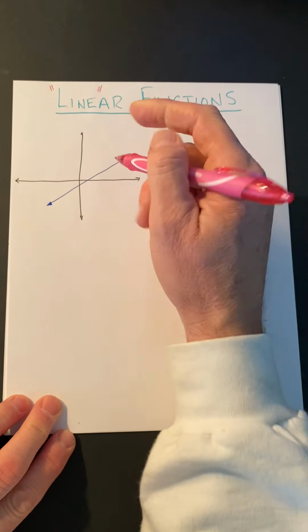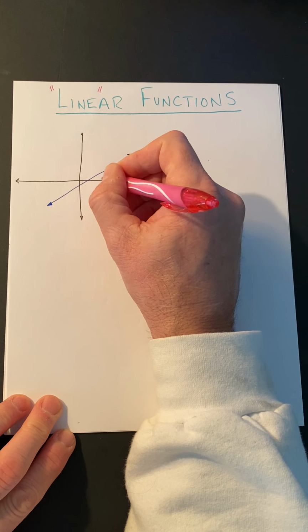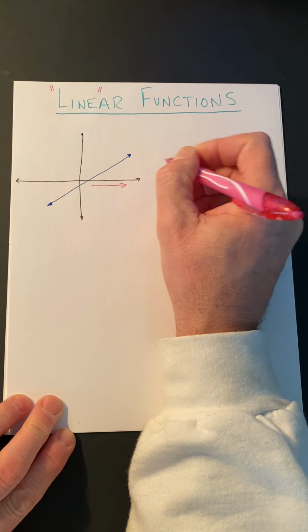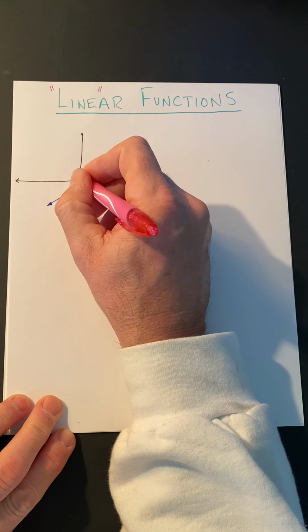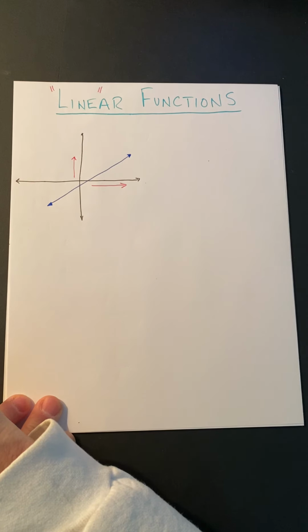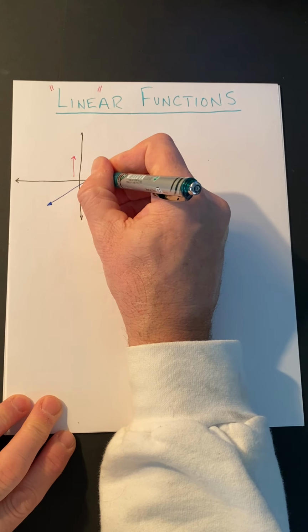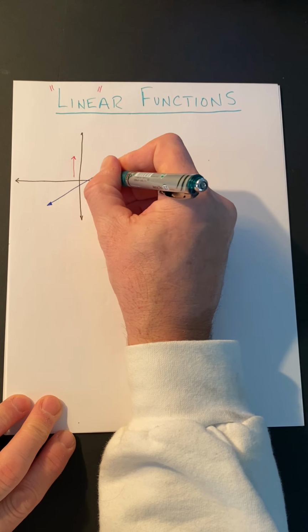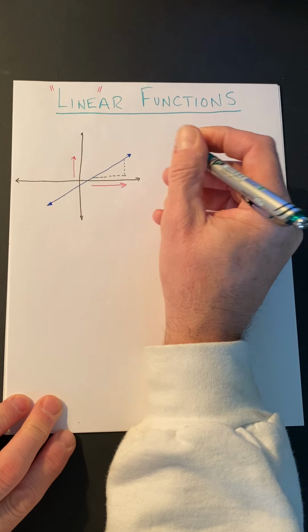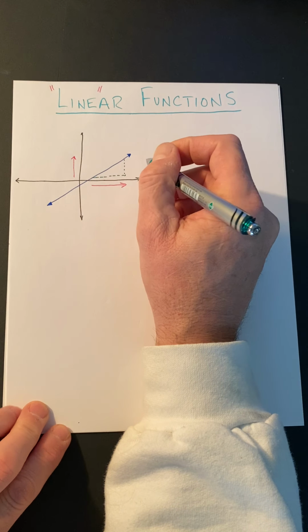So if I look at my line, as it moves along the positive x, it's also moving along the positive y, isn't it? So I'm talking about this change here that's going on, all right?